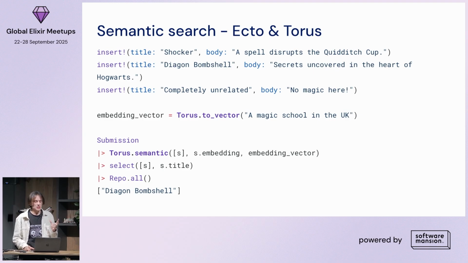All you need to do is use the function Torus to vector to convert your term to the embedding vector. And then you compare your existing embedding vectors, which you've also created using Torus to vector or to vectors function, with this newly created embedding vector. And then your results will be automatically ordered by the score, by how close these two vectors are.